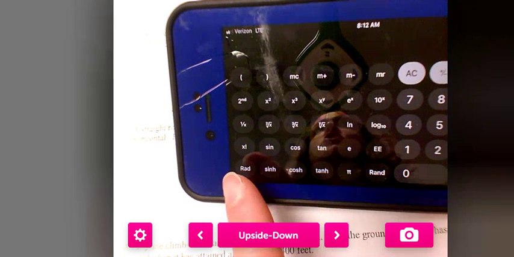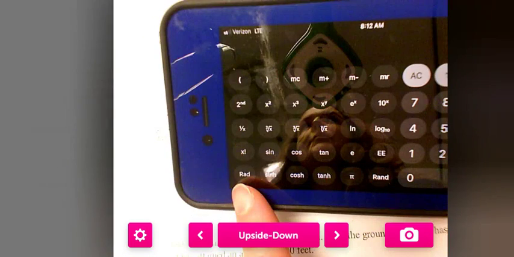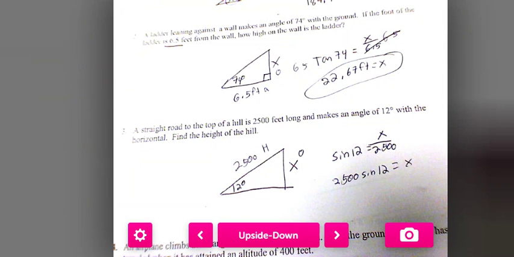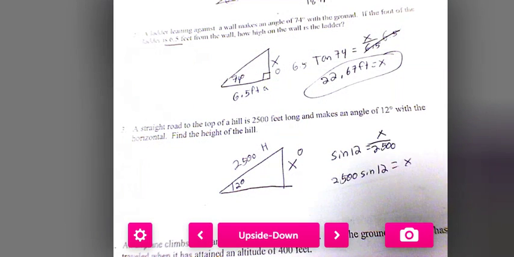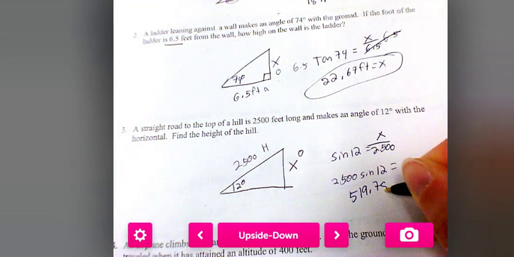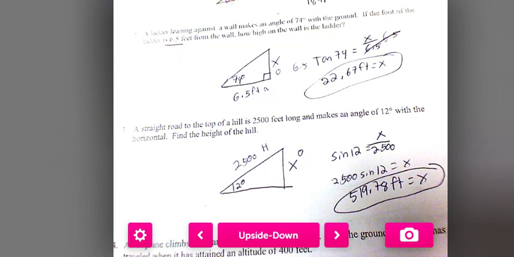Just make sure the RAD, that's for radians, is not selected, because if you push that, it's not in degrees, and that messes you up. And then you just have to work backwards. I go 12, and then I push sine, and then I times that by 2,500. And I get the same answer as I would on my other calculator, which is 519.78 feet equals x.